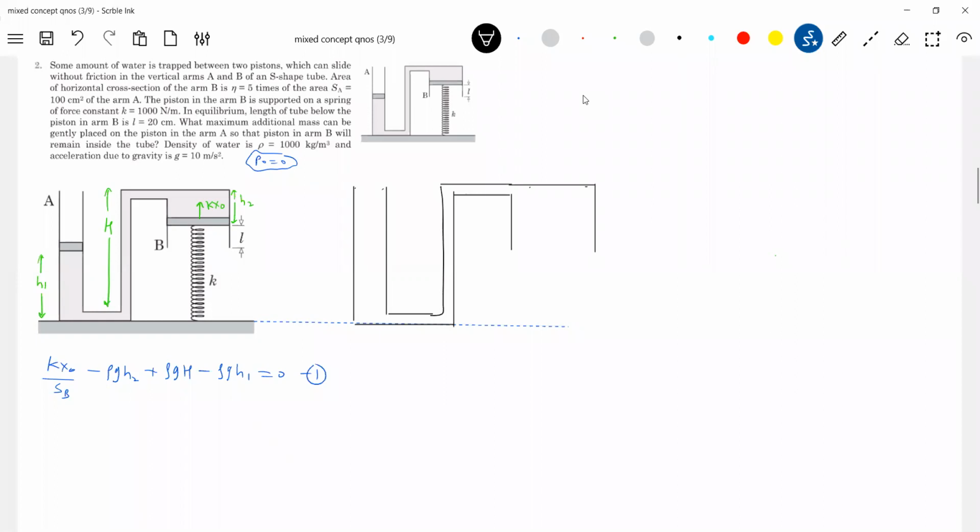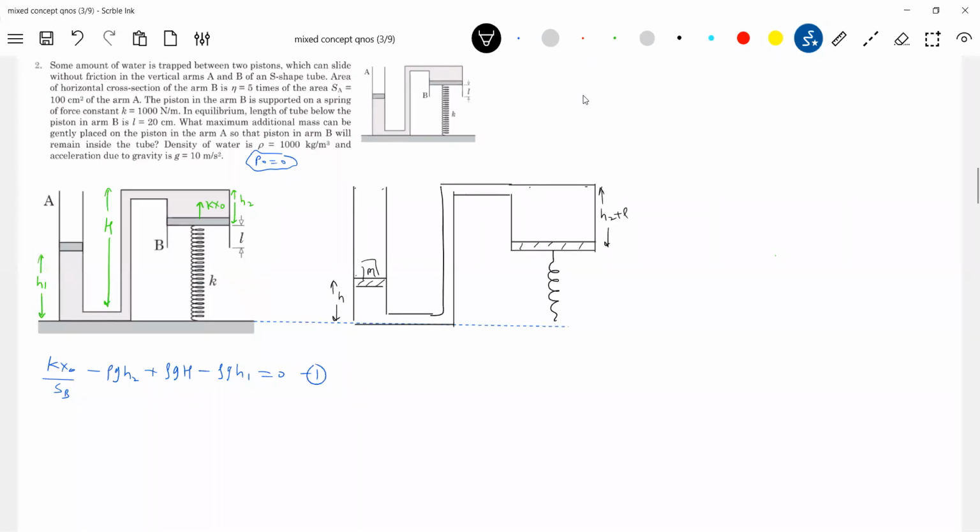So after placing the load, let it come down, and this piston will be in this position. Okay, let this be H. This will be H2 plus L.